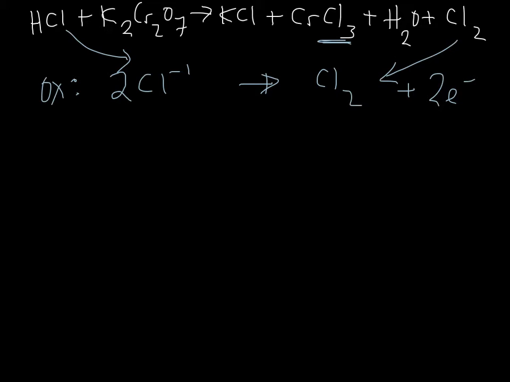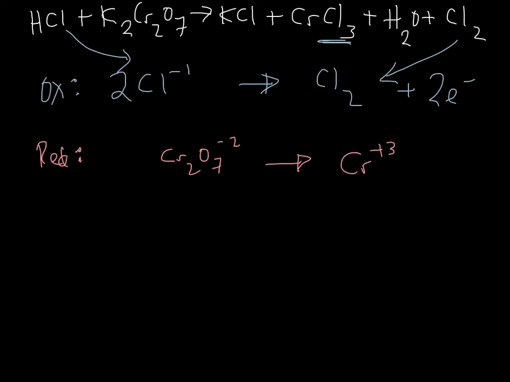Now I'm going to write the half reaction for reduction. So I'm going to keep the polyatomic ion together, Cr2O7 -2, because that's covalently bonded together. And then if I look at the chromium chloride, that's ionic, so I'm going to just look at the chromium +3. If you imagine the net ionic equation, that +3 is going to be dissociated.